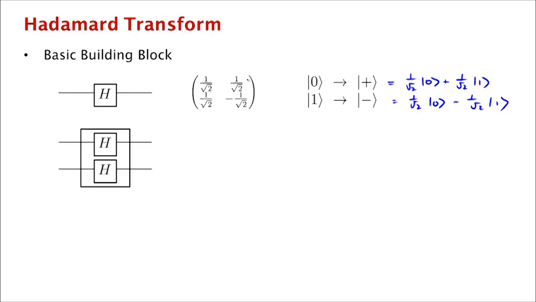But now we can also perform this Hadamard transform on 2 qubits. So now what happens if we perform it on 2 qubits?